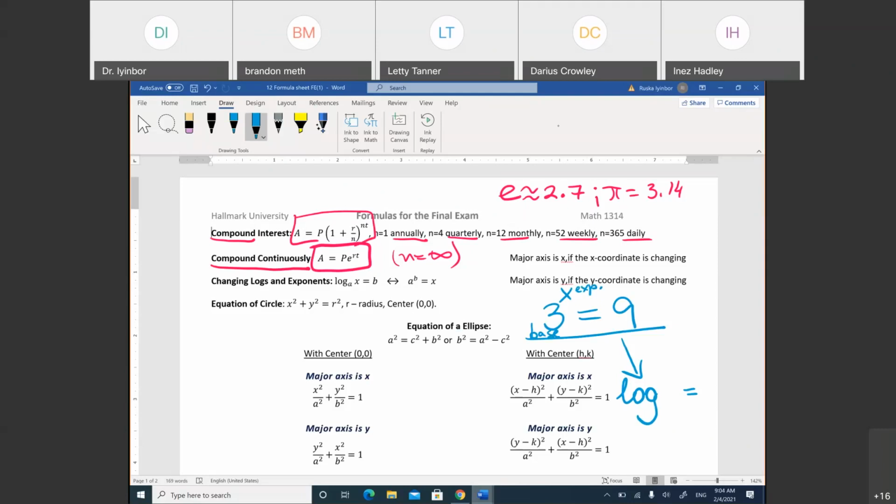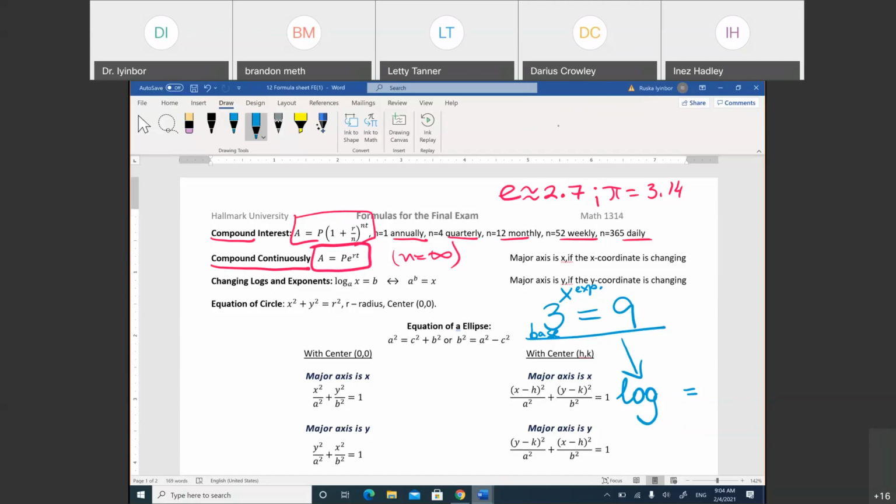So 3 with exponent x equals 9. That's how you read this equation. Now, we can change exponent to logarithm because they're two opposite operations, the same way like positive and negative, adding, subtracting, multiplying, dividing, they're inverses, they cancel each other. I'm going to explain what logarithm means in a minute.